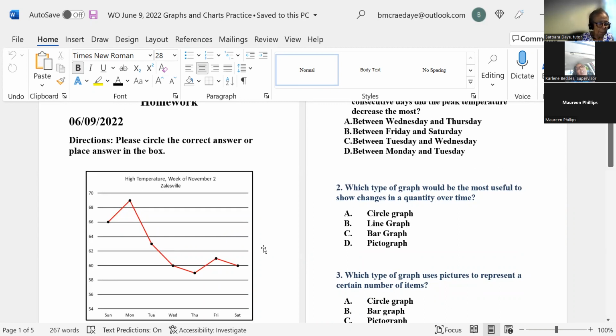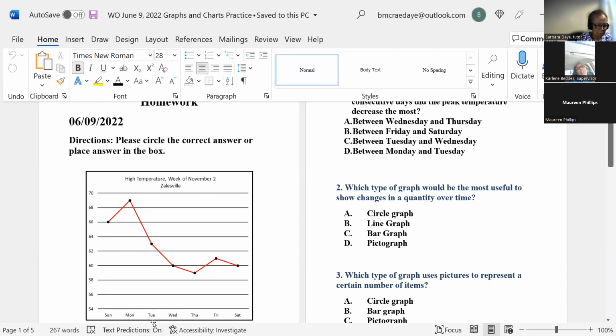I can't even see it though. Are you on your phone or on your computer? On my laptop. You can't see this? I can see Sunday. You see the dot here? Yeah, that's Sunday. Monday is there.